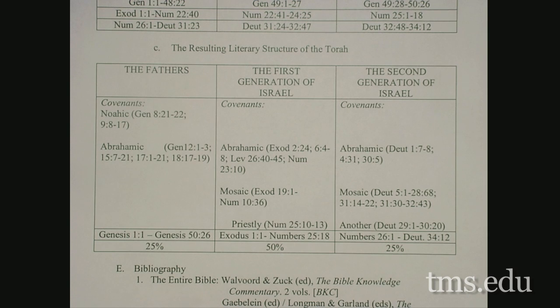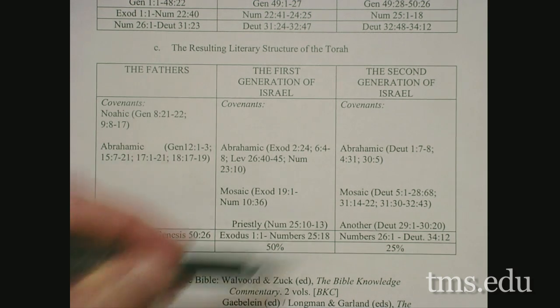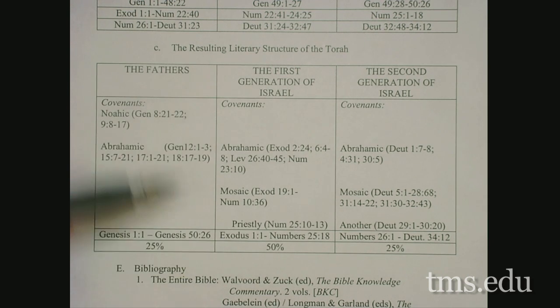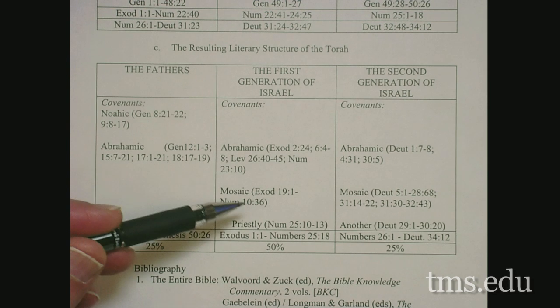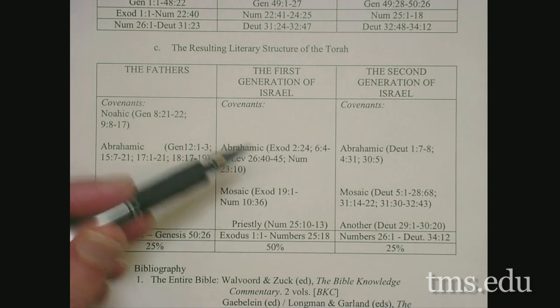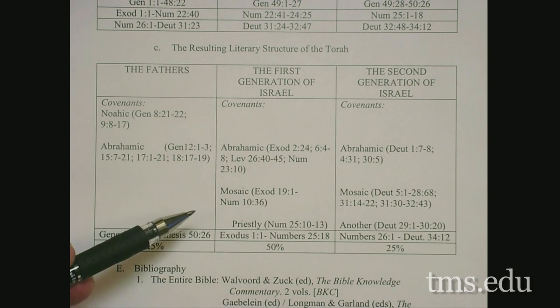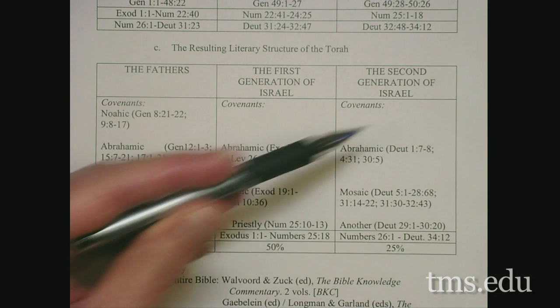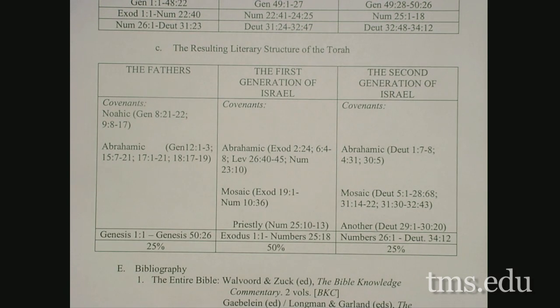And so it fits that as we're thinking in terms of the first generation of national Israel and the narrative of how they were delivered and brought to Sinai, Genesis lays the foundation for this central division. And obviously, after they die, we then see the consequence of what God is going to do with Israel in the second generation of Israel.